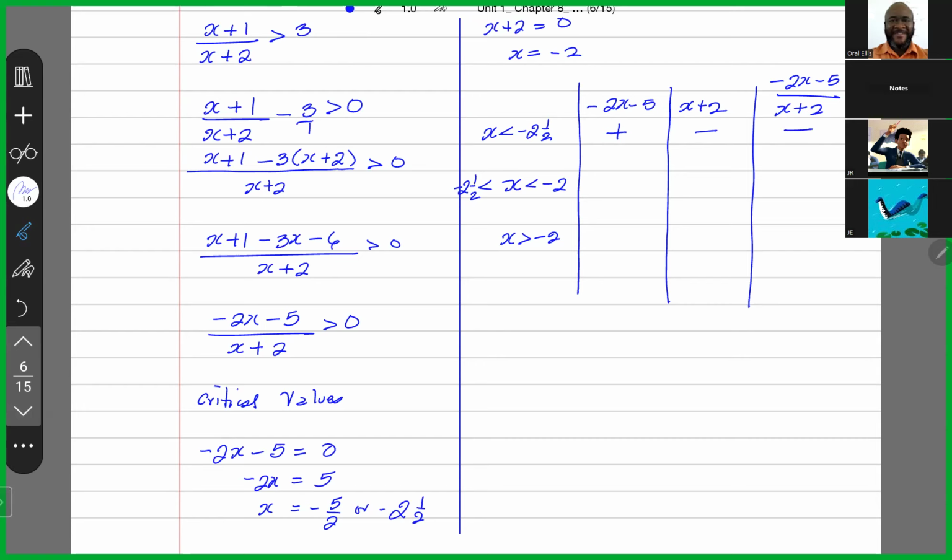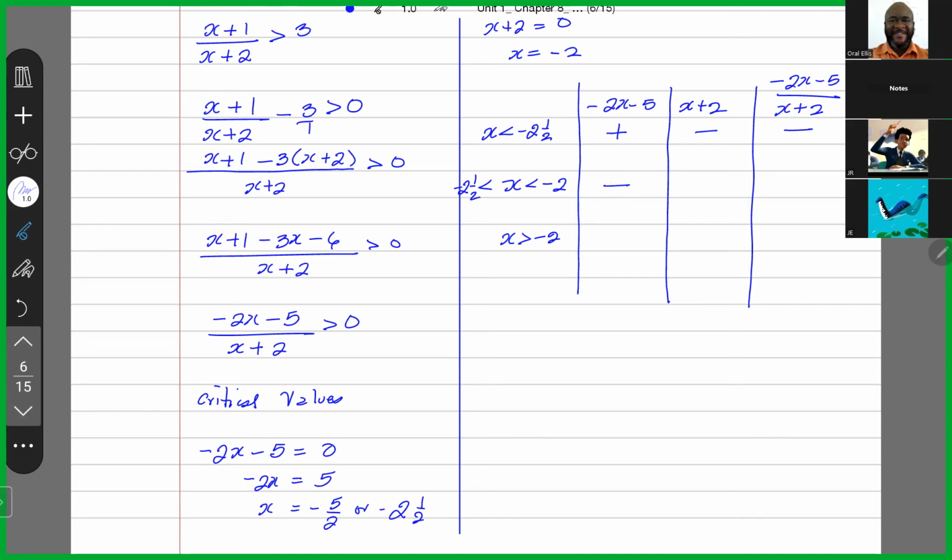Now, if x is between minus 2 and minus 2.5, for example, if x is minus 2.25, minus 2 times minus 2.25 minus 5 is going to come out negative.